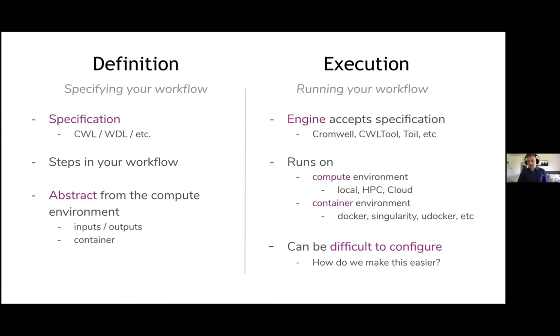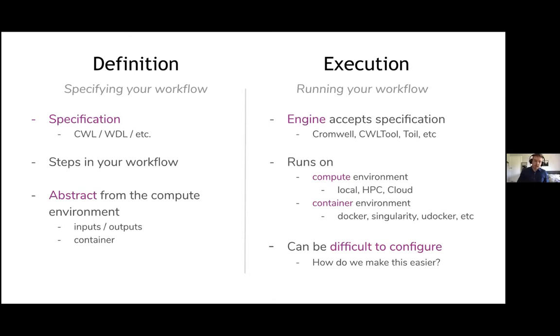We use an engine, which accepts the CWL or WDL specification, and some common examples of engines are Cromwell, CWLtool, and Toil. The execution runs on a compute environment, so maybe our local computer, our HPC environment or cloud, and it uses some container environment like Docker, Singularity, or UDocker. The only comment I'll make on the container environments is that Janis specifies OCI compliant containers, which all of these container environments accept.